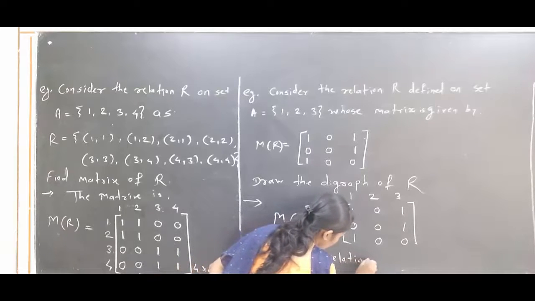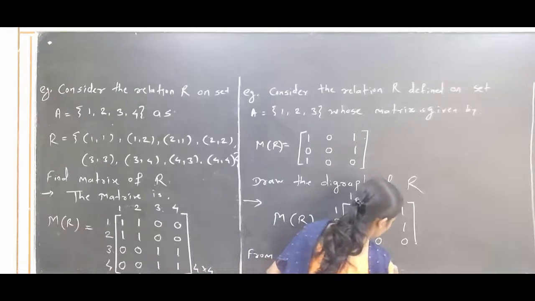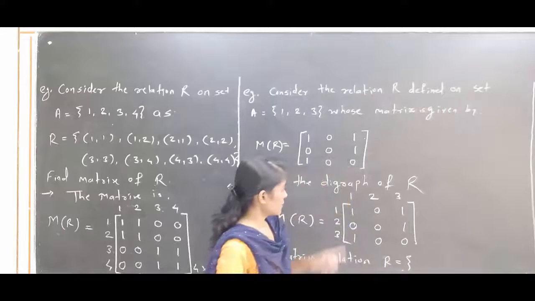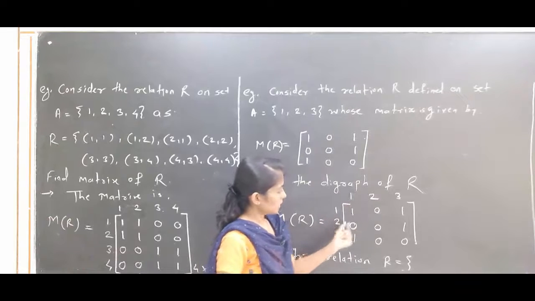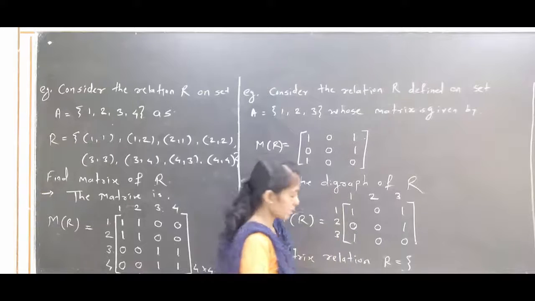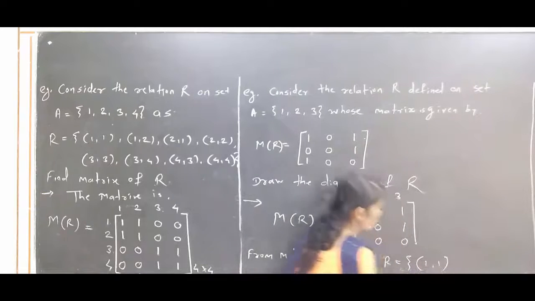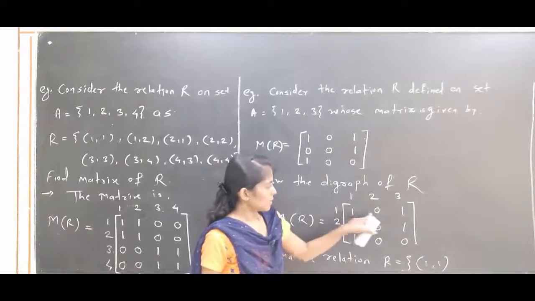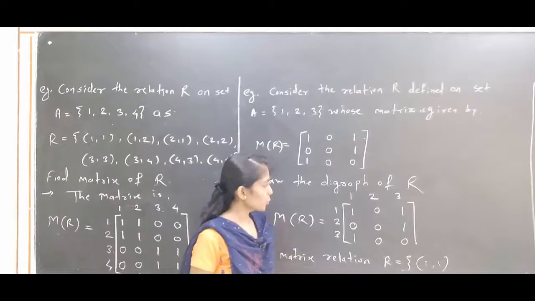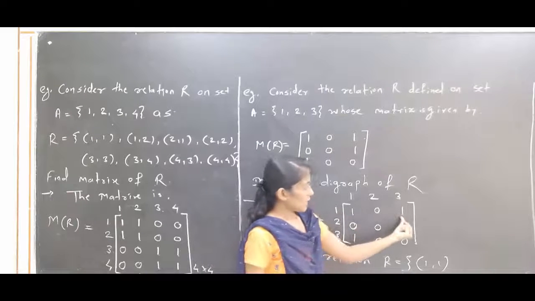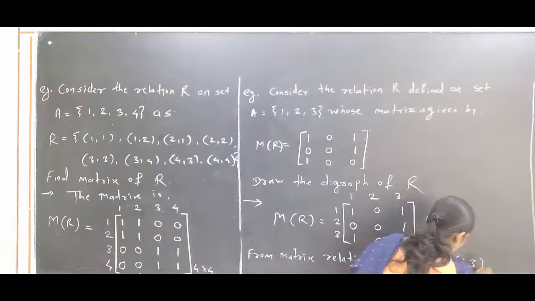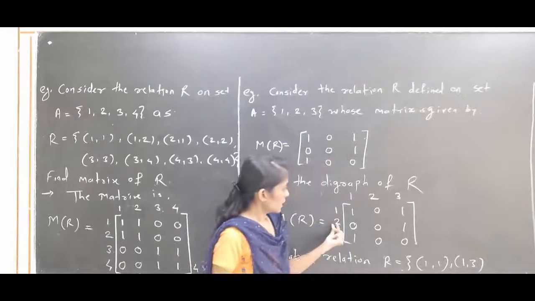Relation R equals to, here 1 related to 1, entry is 1, so pair (1,1) belongs to R. Here entry is 0 from 1 to 2, that is pair (1,2) does not belong to R. Then 1 to 3 the entry is 1, that means pair (1,3) belongs to R.